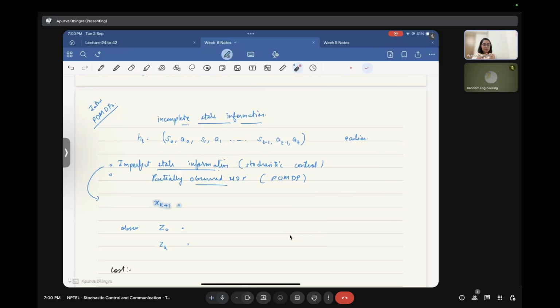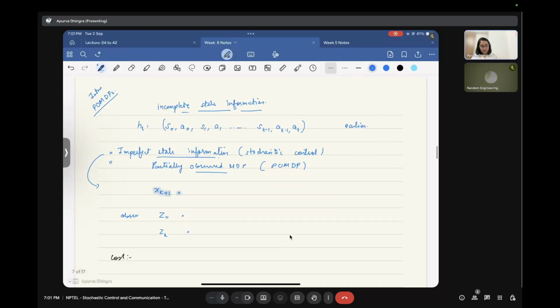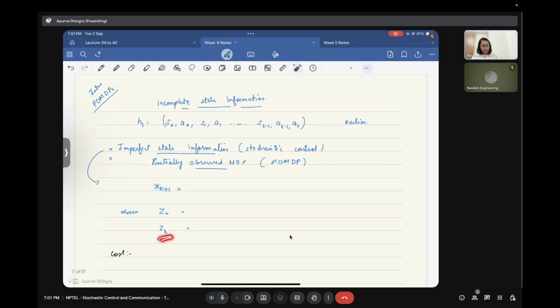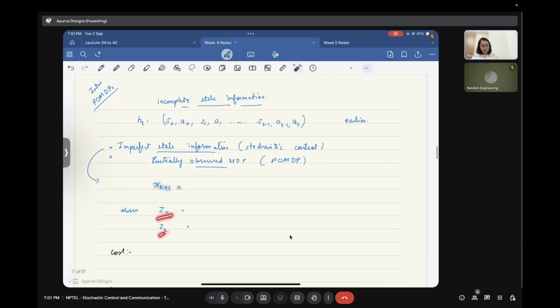The history includes the true state, but that is not known to anyone. It's only when it is diagnosed correctly that the true state would be known. Otherwise, it's just a set of symptoms. Those symptoms or observations are characterized by Z0 to ZK.